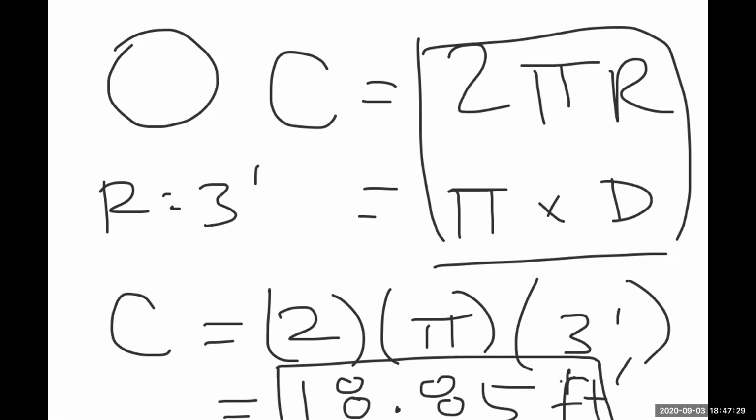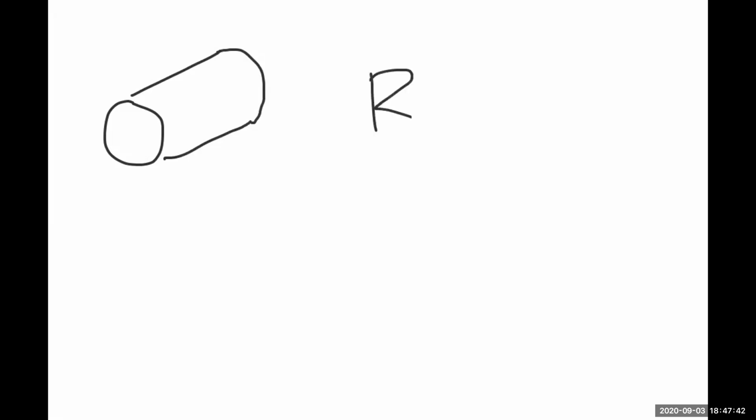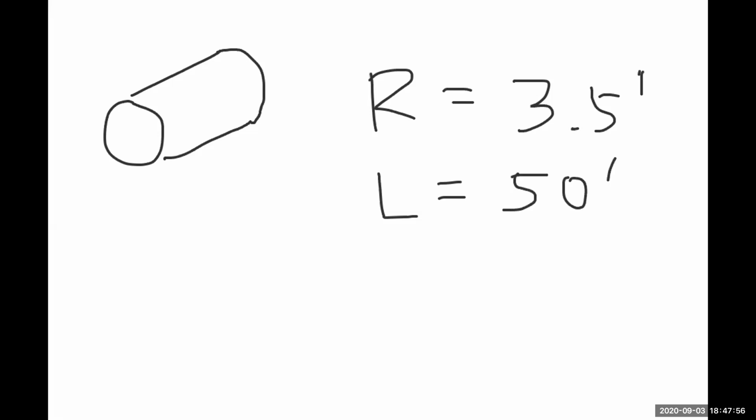So if I was trying to find the volume of a cylinder, okay? And again, that radius, let's do a different one, 3.5 feet. And the length of the pipe is, let's say, 50 feet, okay? And I say, what's the volume?